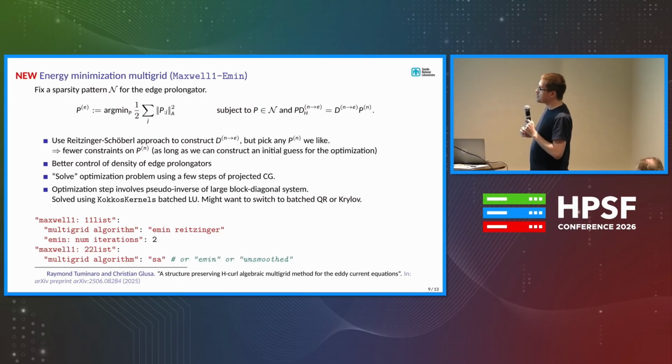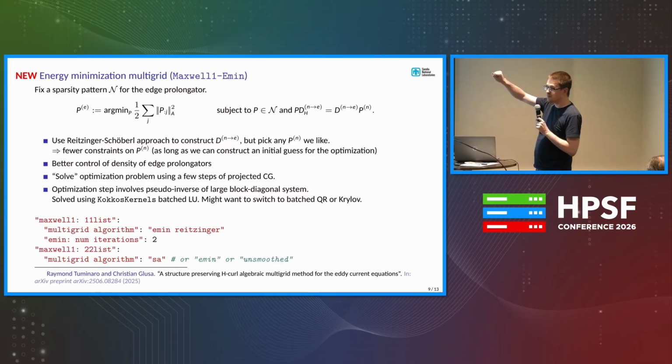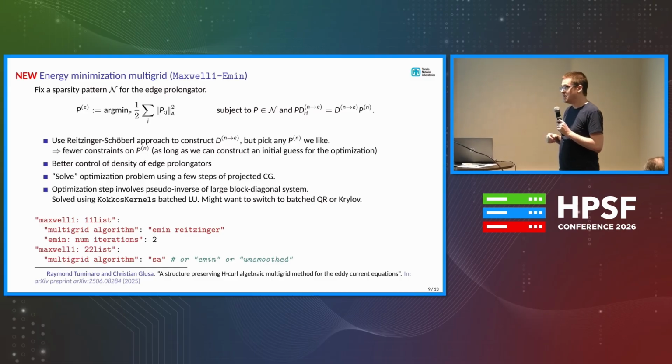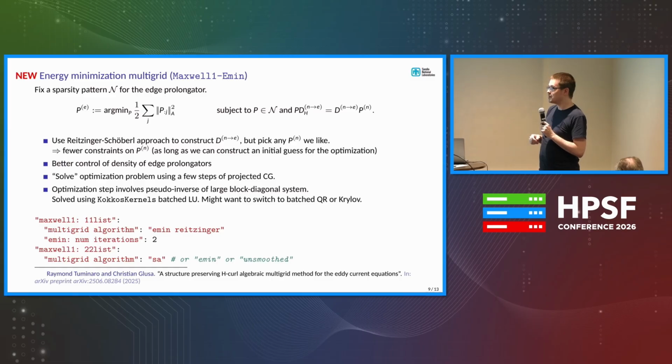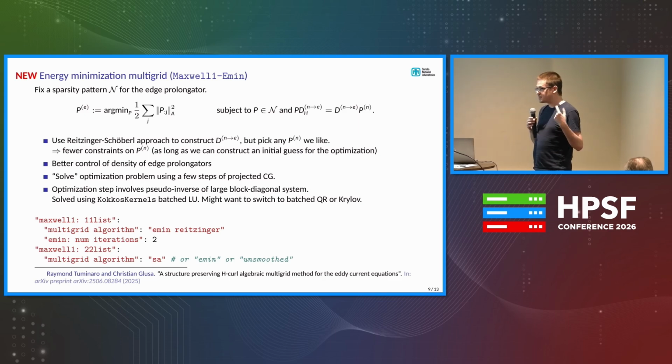Okay. In practice, solving this optimization problem for us typically means doing 2 or maybe 3 steps of projected CG. So this is definitely not a full solution, but it typically gives us the most bang for our buck for the first couple of iterations, where the loss function goes down quite significantly, and after that it slows down. We're not getting as much out of it anymore.